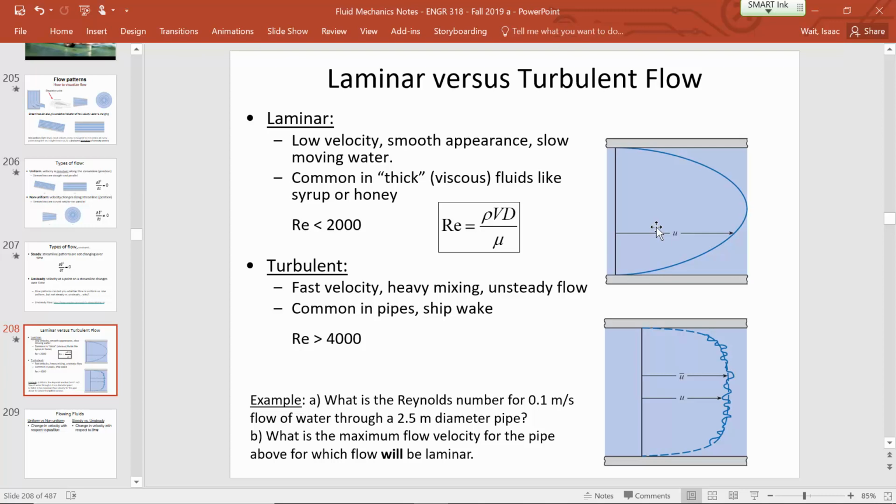So on the Reynolds number, the main difference in the number is the velocity. The density, the viscosity, and the diameter are constant for most of the equation, right? No, the diameter can be a variable. We have a lot of different pipe diameters available when we're sizing a pipe network, so you do need to pay attention to the diameter.